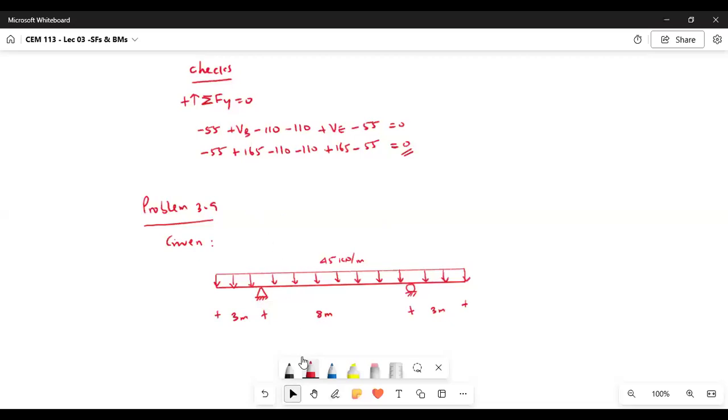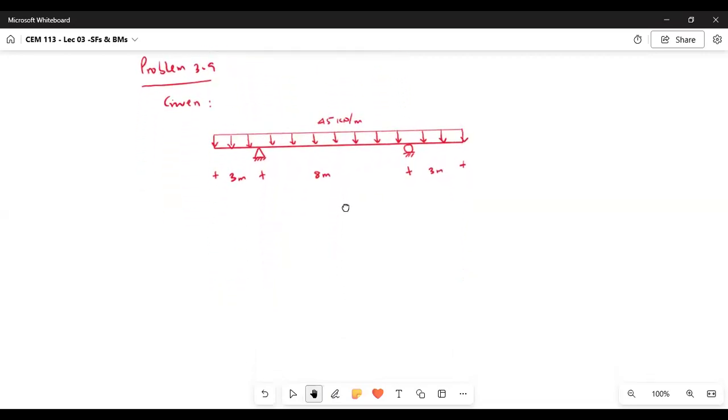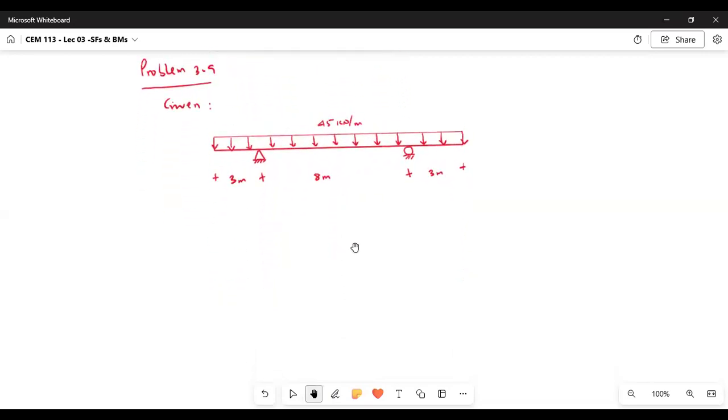So this is a given. I want you to verify whether this beam is symmetrical or not symmetrical. Verify it. I want to have the answer. Is it A, B, C, or D?